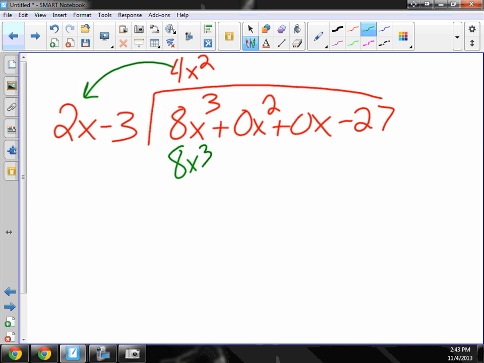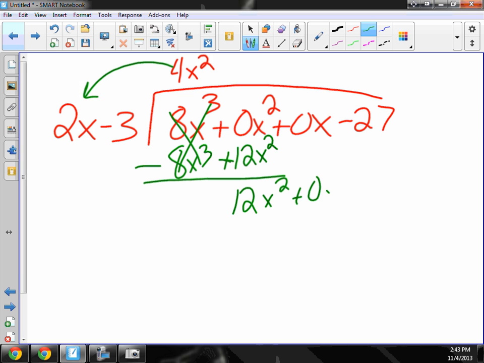Where do I put that? Under the 0x squared. Now what? Change the signs. So that cancels, 12x squared plus 0x minus 27.